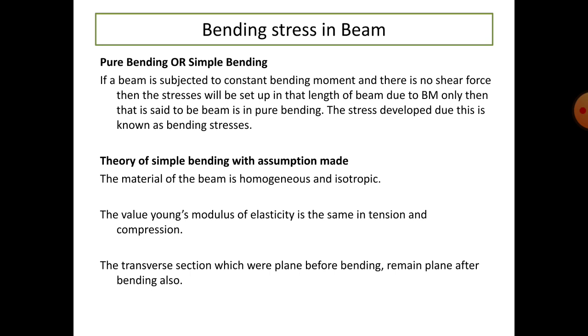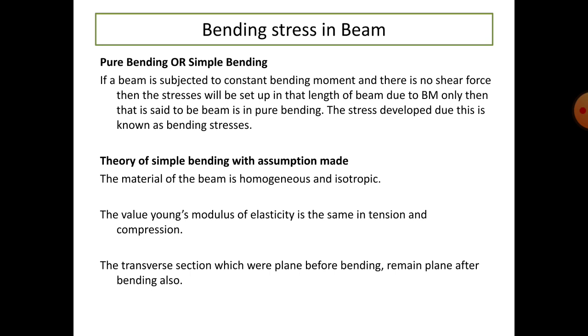Whenever you load, there will be a shear force. There is no instance where the shear force will be zero and there will be only a bending moment that is also constant. It is not real, it is imaginary, right? So there are some assumptions made in the simple bending theory.